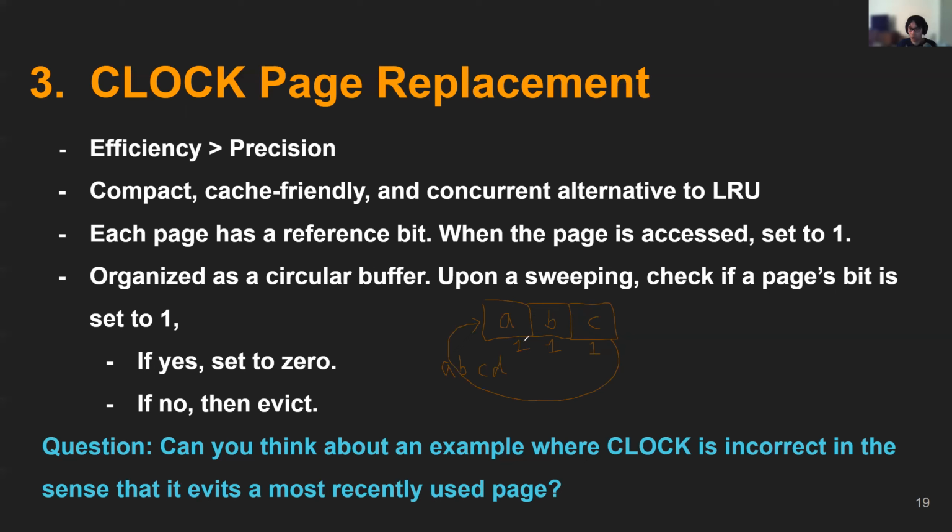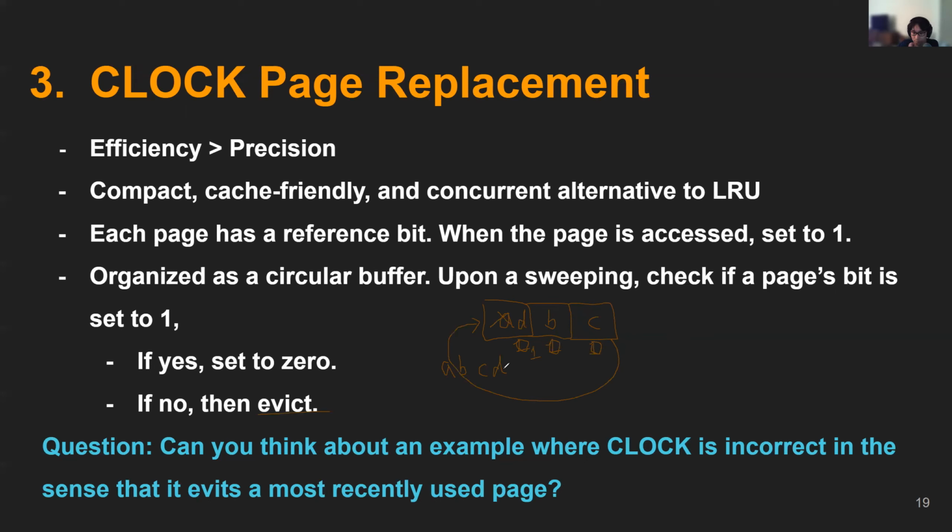So when we go around the clock, we have to set everything to 0. And the next thing it sees is A, which has been set to 0. So if it's 0, we want to evict that. So we evict A and we set it to D and we set it back to 1. Does it make sense?